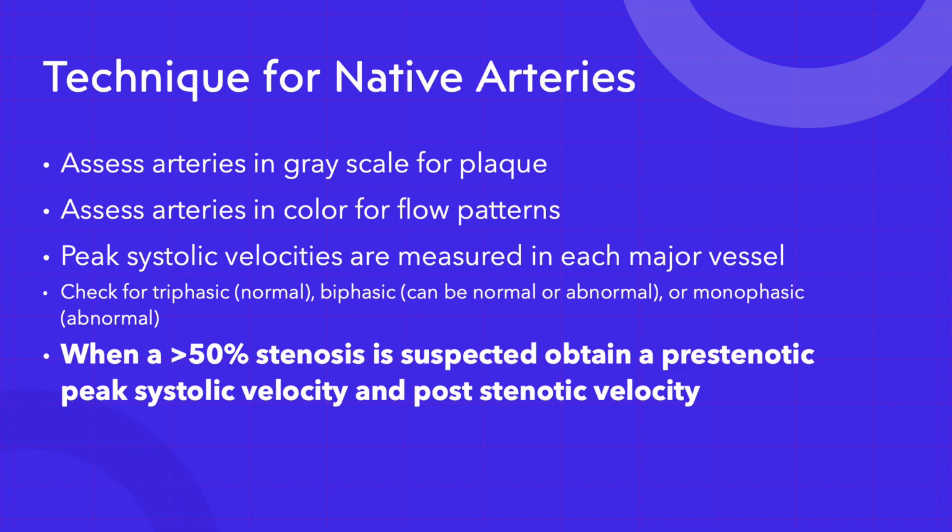When there is a greater than 50% stenosis, we need to pause our protocol. If you are scanning down the SFA and at mid, you get an extremely high velocity with your color, and you can see plaque, your color hues are different, you are going to pause your protocol.